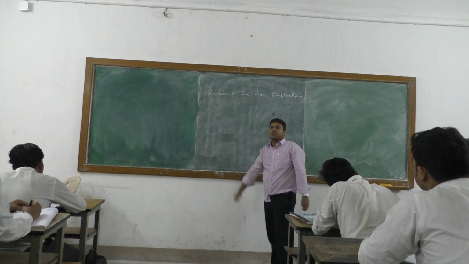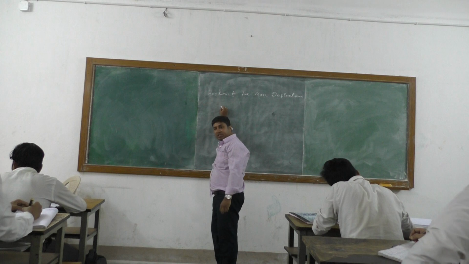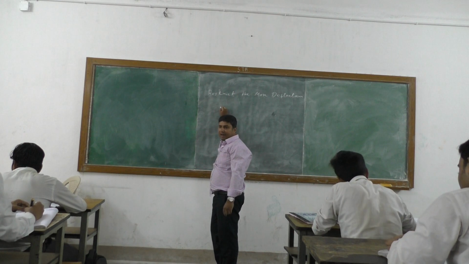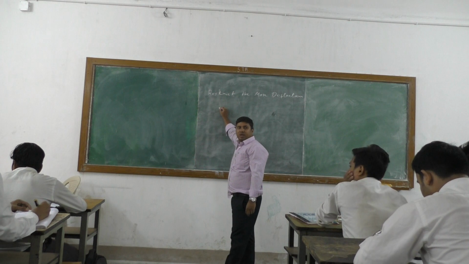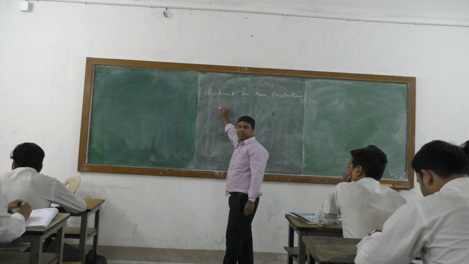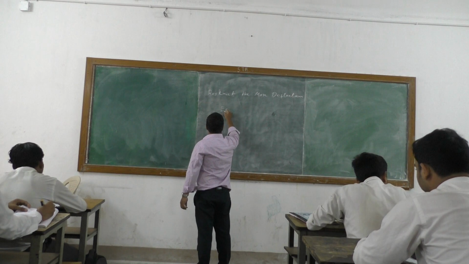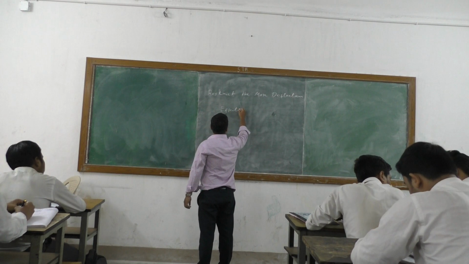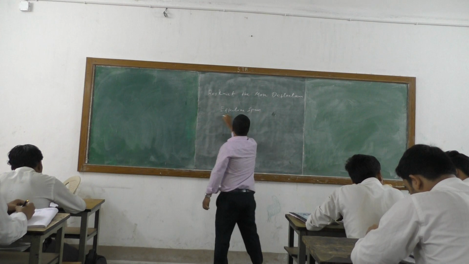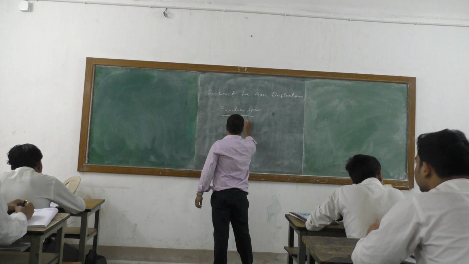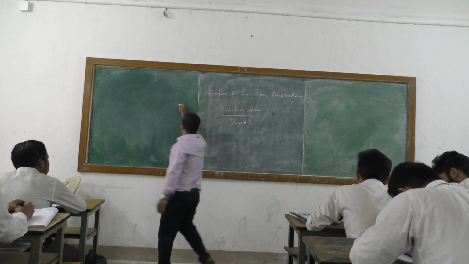See page number 37, for different conditions of support. According to that, the IS code has given some rule according to the span by depth ratio, the effective span by depth ratio. This span by depth ratio is for different support conditions.